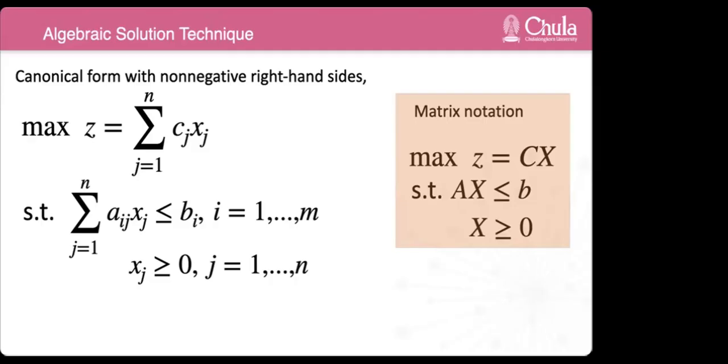For the algebraic solution technique, we start from the canonical form of linear programming. For canonical form, we write it this way. Minimize or maximize something. And for the constraints, you must write them as less than or equal.